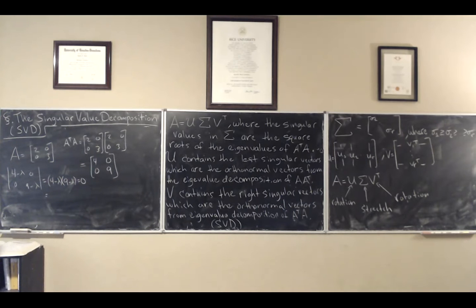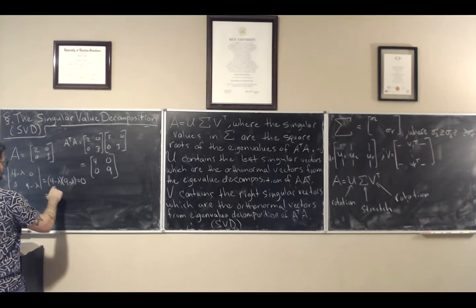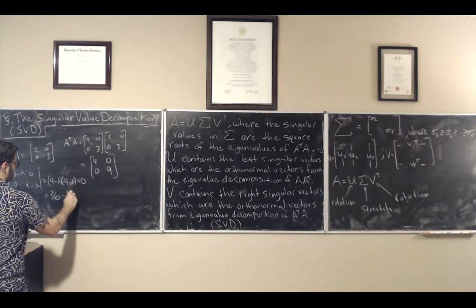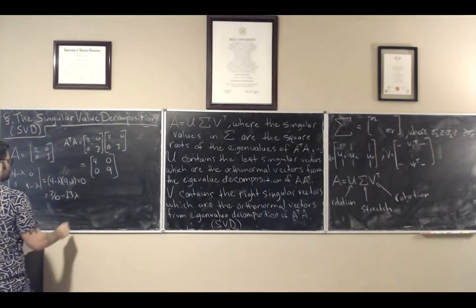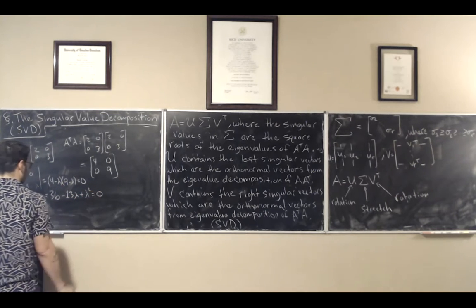What do we get? 36, and then minus 4 lambda, minus 9 lambda, plus lambda squared is equal to 0.